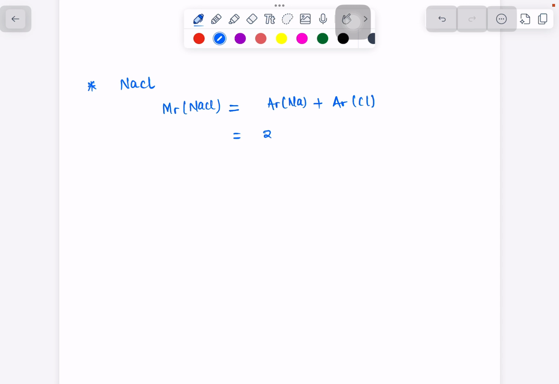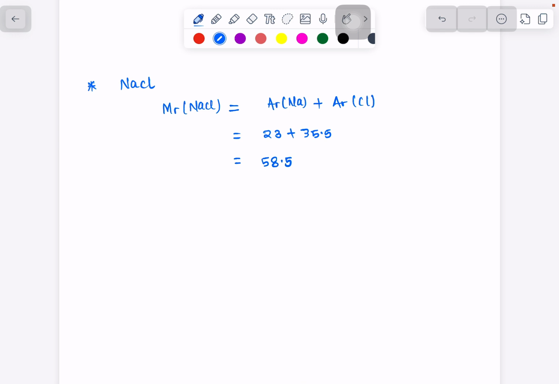Na is 23 plus Cl is 35.5. Refer back to the periodic table and you'll get 58.5. This is the relative molecular mass of NaCl.